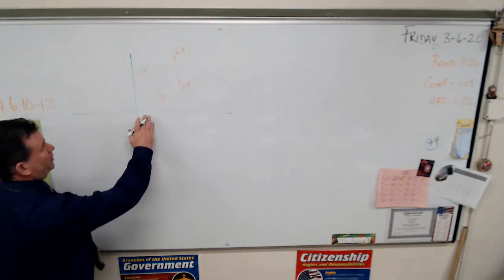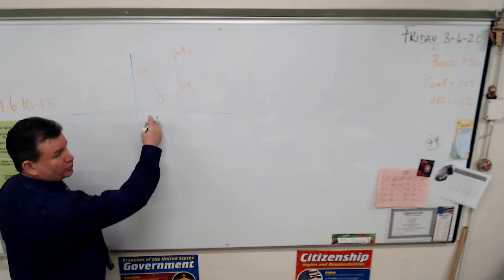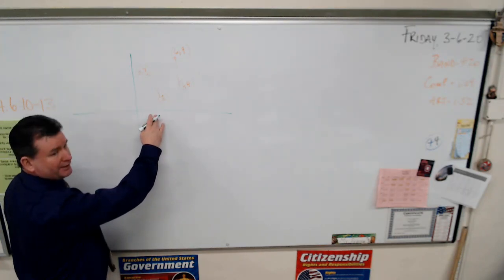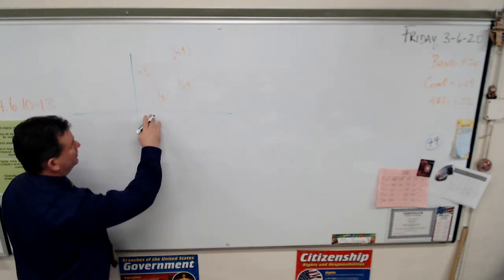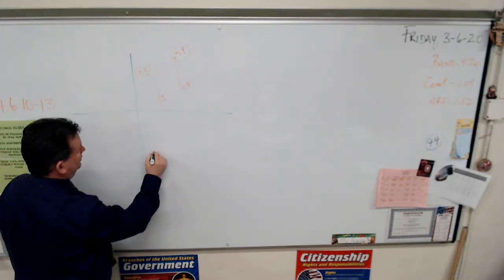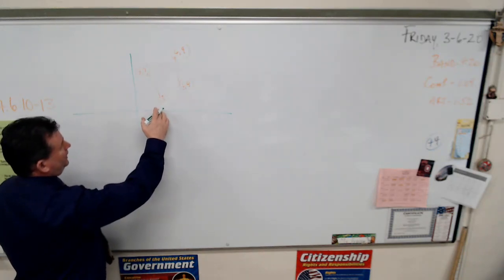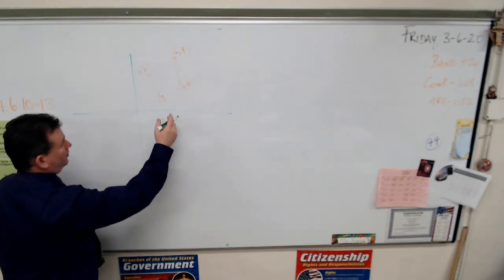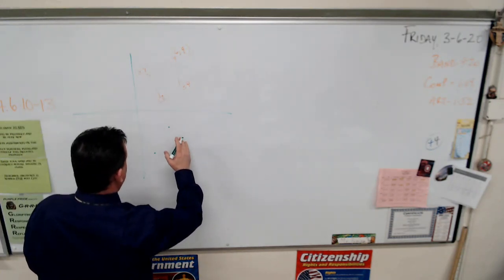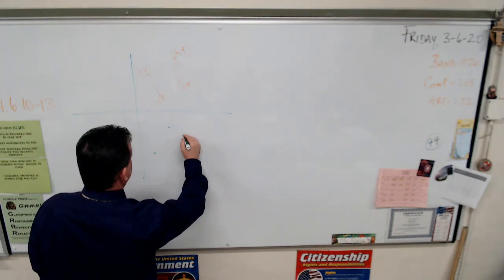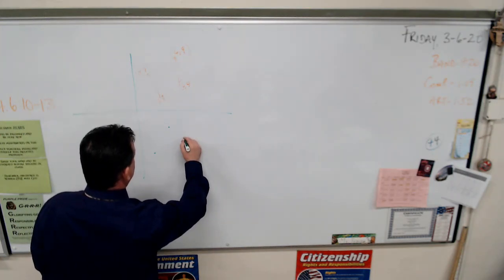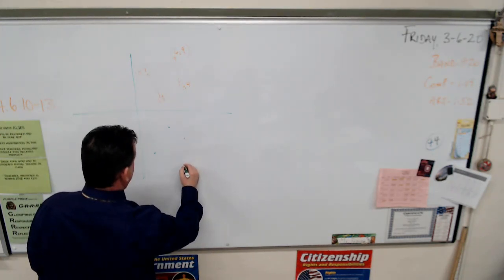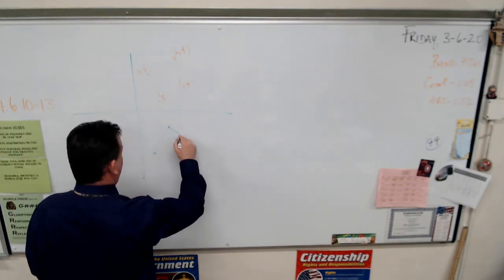The x's are still going to be 2, but now it's going to be -7. It's going to be -3. It's going to be 6, -4. And 6, -9.